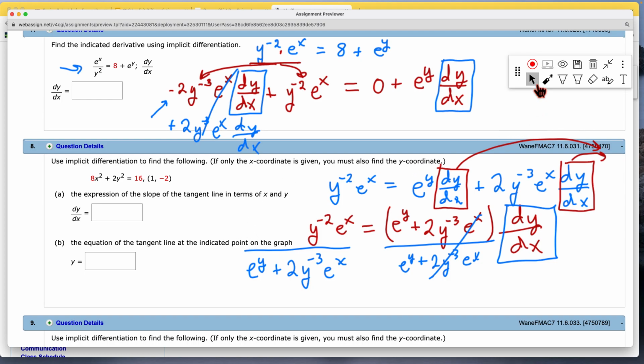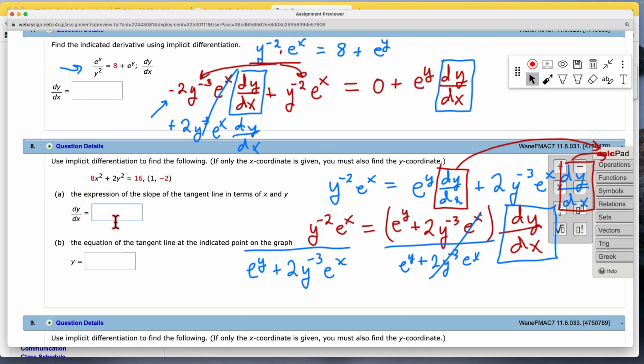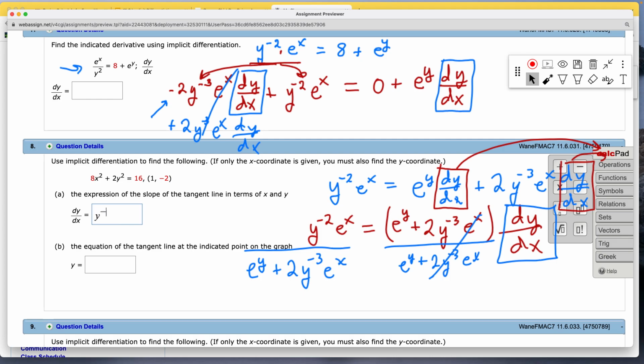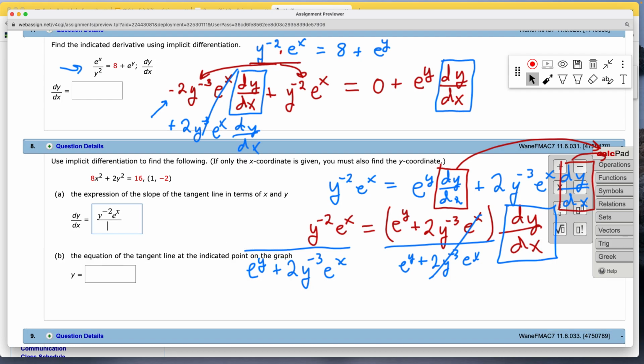So actually, you saved us some time, for those who chose 7. The other class I did the other one, and we had to do this one later, because they're also going to want the equation of the tangent line, so this is where we're going to go about that. So this is y to the negative 2 e to the x, divided by, it gives me the whole fraction, that's good.